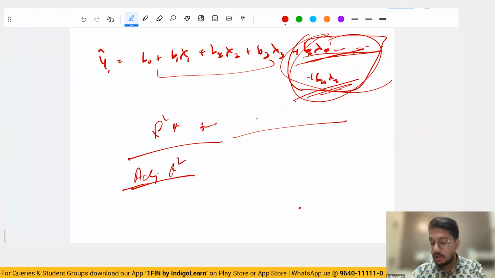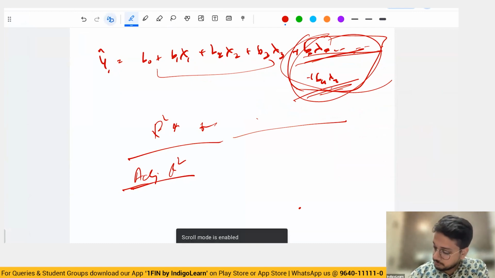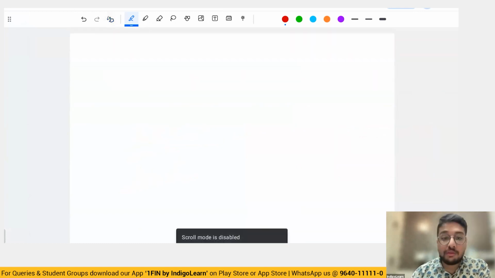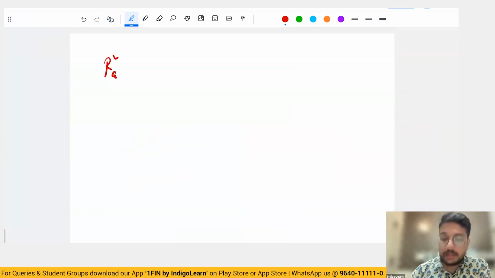Now, what is the formula for adjusted R square? Just look over here. The notation is R square A, to denote adjusted R square.